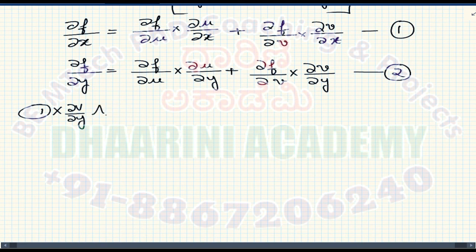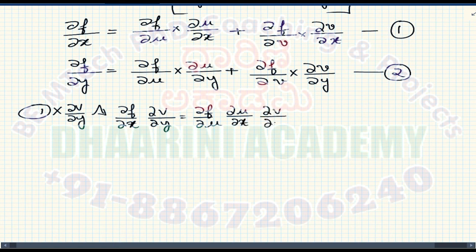So this gives me ∂f/∂x into ∂v/∂y is equal to ∂f/∂u into ∂u/∂x into ∂v/∂y plus ∂f/∂v into ∂v/∂x into ∂v/∂y.